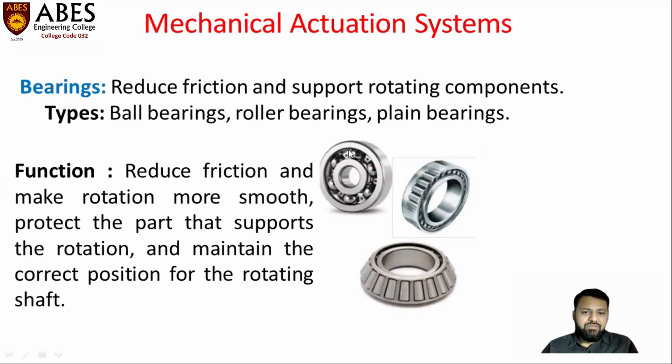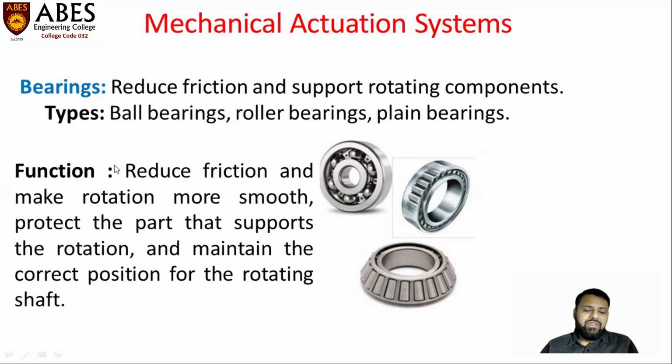This particular device is known as the ball bearing because we have provided some balls between the two parts. This part is fixed over the shaft, and this is the rotating part. In between the two parts, if we provide balls, it is known as a ball bearing. If the rotating part and the fixed part have rollers in between, it is known as a roller bearing.